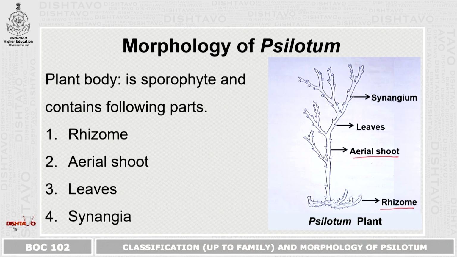On the aerial shoot, you can see there are leaves. They are small, scale-like, and there are also reproductive structures called synangium. These oval structures which you can see here are the synangium. It will bear spores. Now, let's study each part in detail.